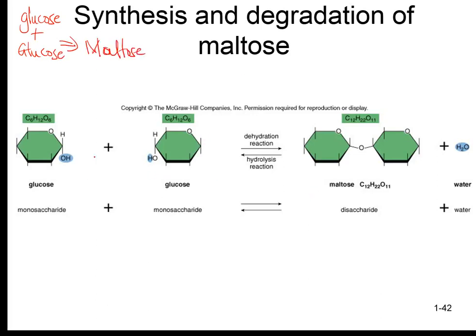So if you combine two glucose molecules, they give you this maltose molecule. But as you have seen, the process is dehydration. So in dehydration, you get rid of this water molecule and you get rid of this hydrogen.